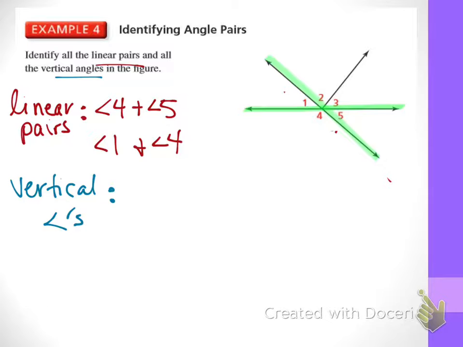These are two lines that intersect. So which two are opposite and only share a vertex? 1 and 5. And that's actually going to be it. 4 and 2 would be vertical if this were one angle. So it's still supposed to be a pair, two angles. So if this ray wasn't there and this was one whole angle, then they would be vertical. But they're not. So that's it.